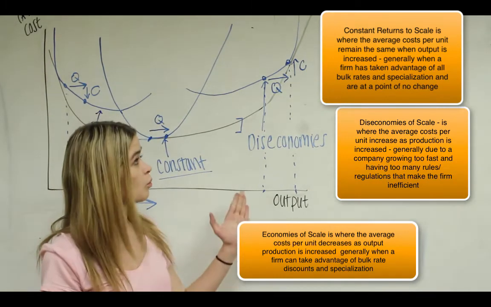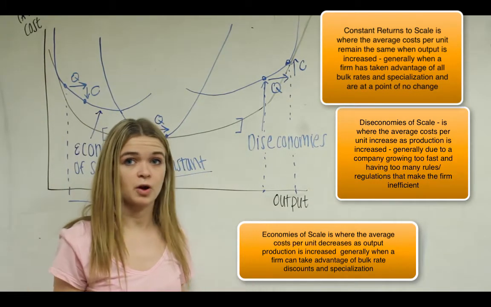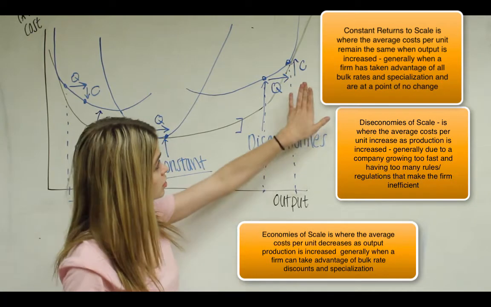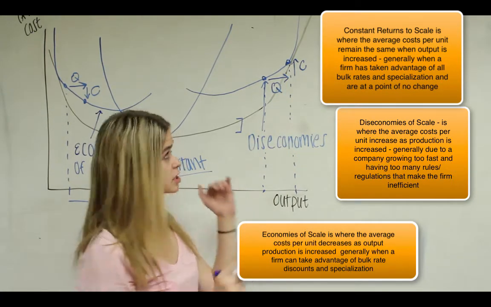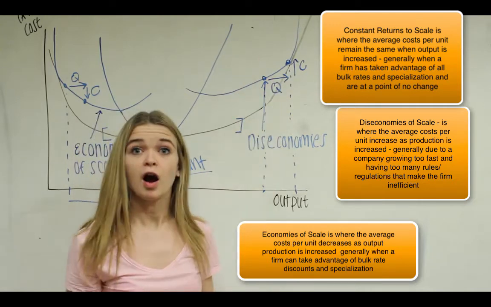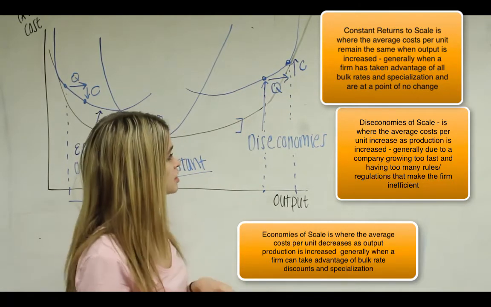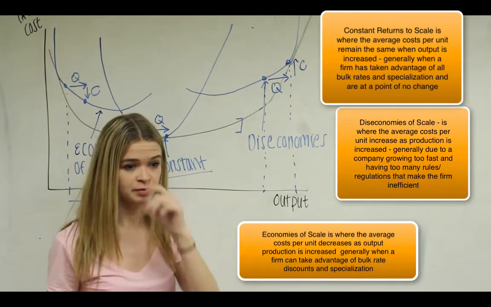So just one last time, our long-run average total costs are increasing when our quantity is increasing. So they're both moving up, or they're both increasing, in a diseconomy of scale.